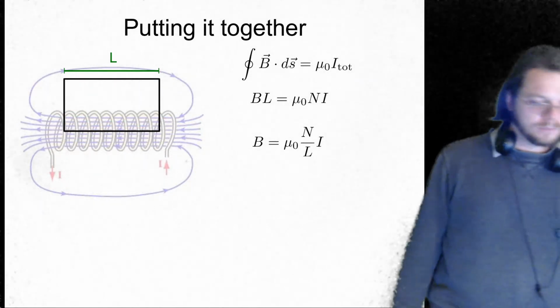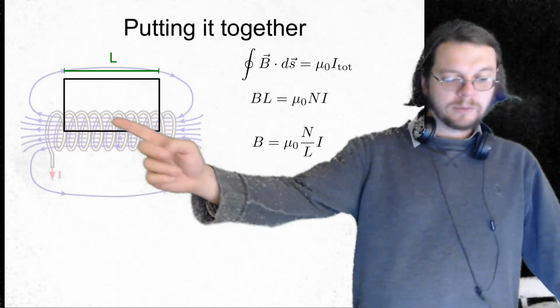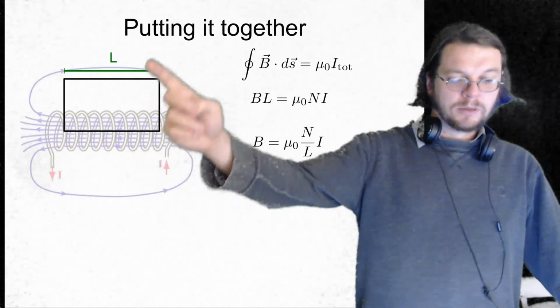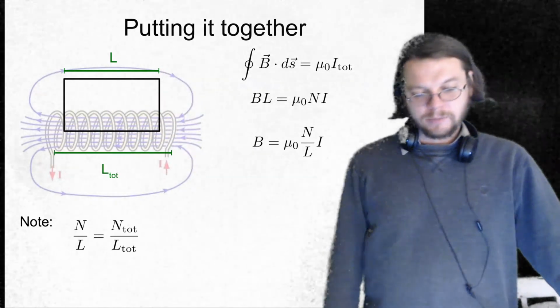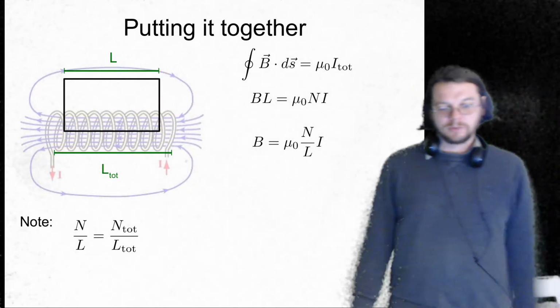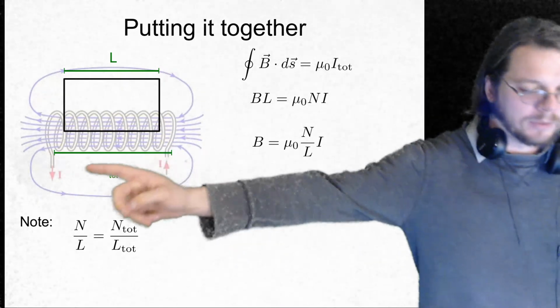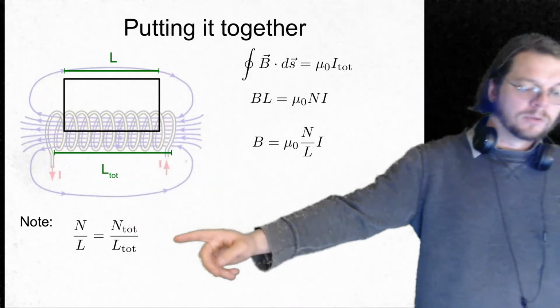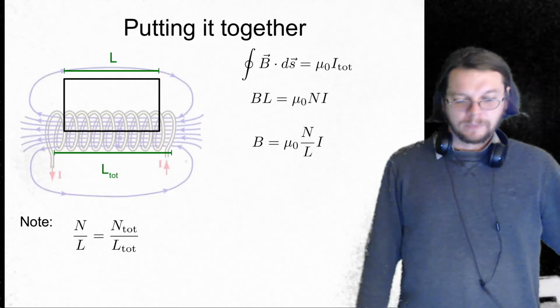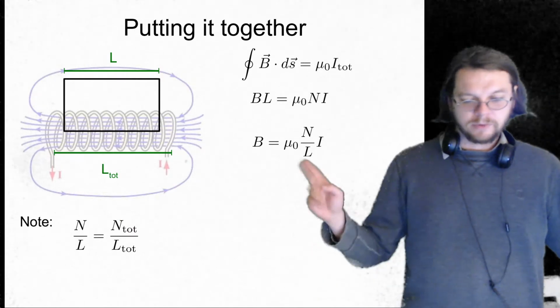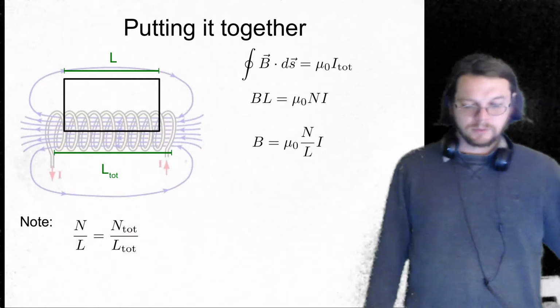However, the number of times the current punches through this thing and this length, that ratio should be equal to the total number of wraps divided by the total length of this solenoid. So however you want to write it, that's what you end up with.